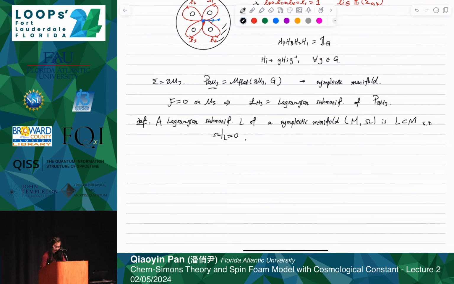And also, the dimension of this submanifold equals 1/2 of the dimension of the original symplectic manifold.